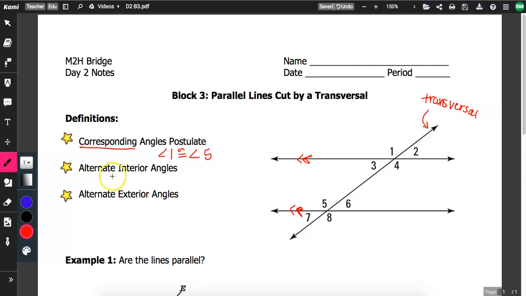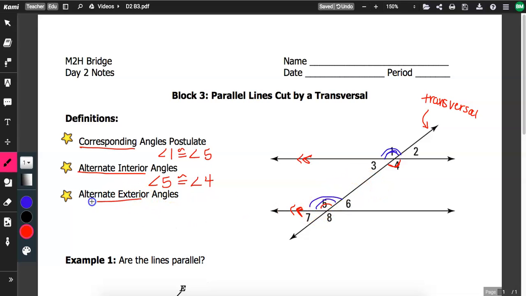Another one is our alternate interior angles. An example of alternate interiors in this picture is angle 5, and that's congruent to angle 4. So here's our alternate interior. I should go back. This is our example of corresponding. Okay, see how they're inside the 2 parallel lines, but they're alternating, on opposite sides of the transversal.